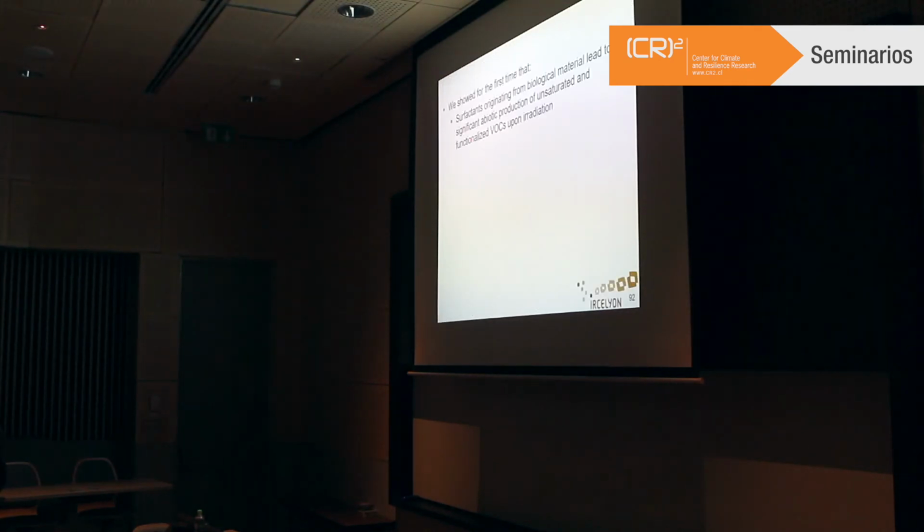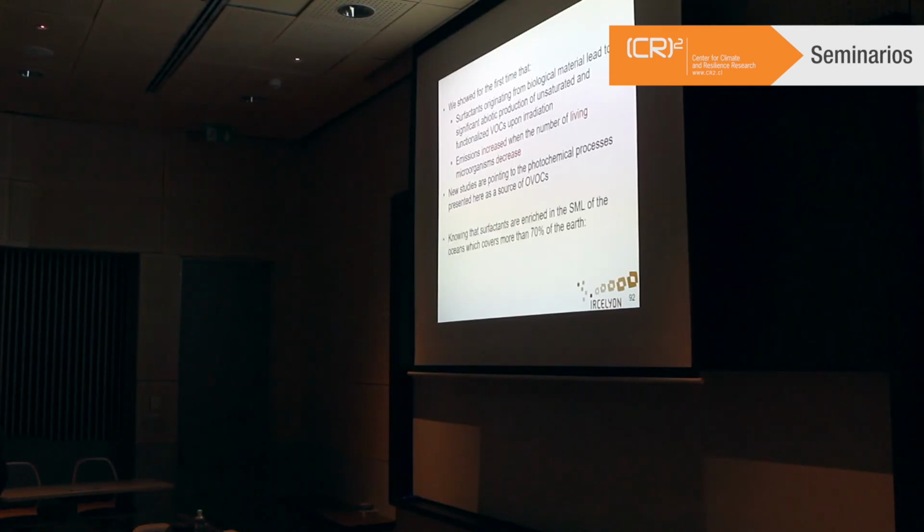So we showed that surfactant originating from cells do make very specific chemistry at the air-water interface. These emissions are increasing when death is taking place. It's a new source of oxygenated VOCs. We, for instance, showed that these compounds could explain the observed formation of glyoxal in the marine boundary layer.